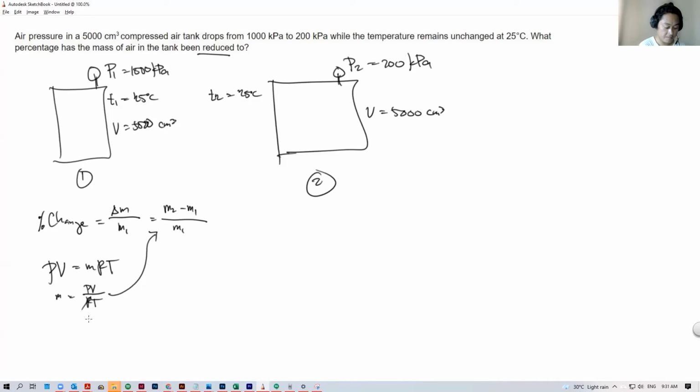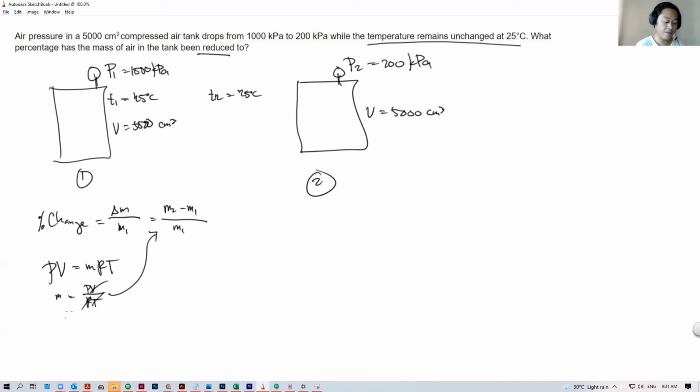It's constant. The volume is the same as well, because nothing has changed. They're just the same, and this will cancel out. And we're also provided with the information that the temperature remains unchanged.